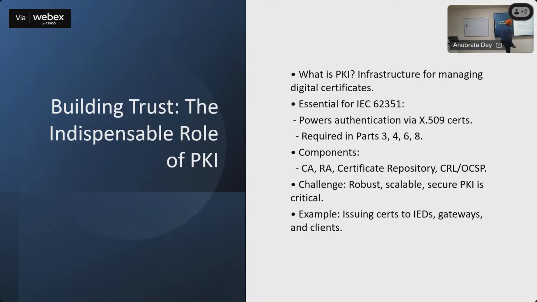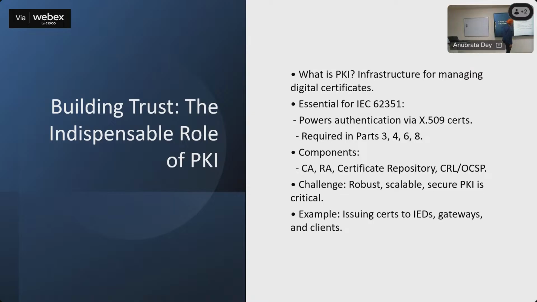And I think this is again the PKI infrastructure, which is essential for this standard, and it's required for various parts that we talked about, and the components: certificate authority, revocation authority, certificate storage, the lists that we maintain.